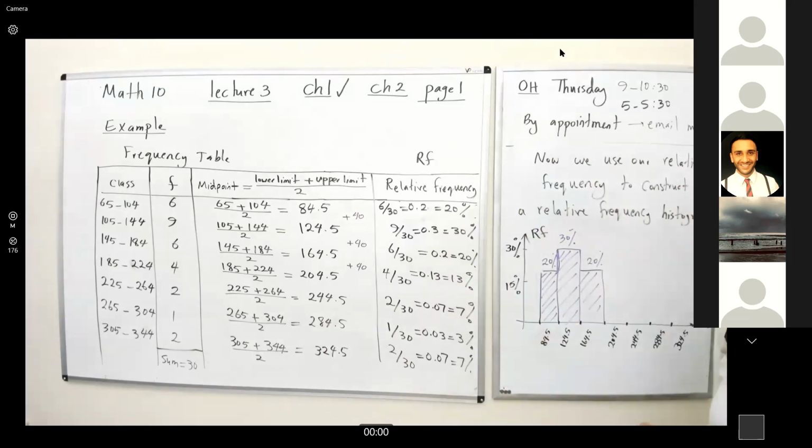Then they have 13%, which is going to be just a little lower down here. So this is 13%. Let's write down the percentage to make sure we are on the right track. Then we have 7%. 7% is roughly here. Then you have 3%. Then you have 7%. Very well. This is your relative frequency histogram.